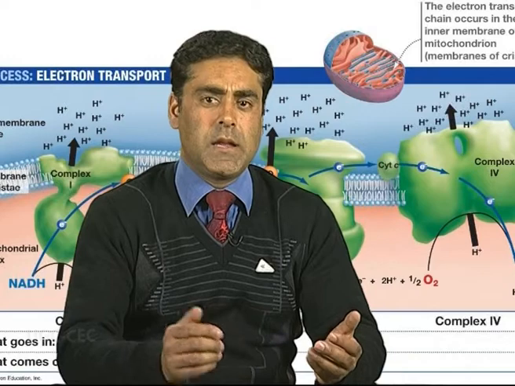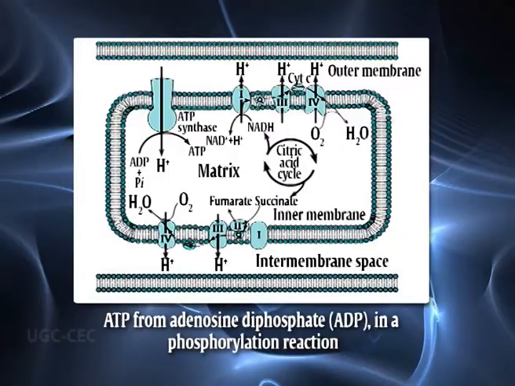This energy is then converted into chemical energy in the form of ATP by the ATP synthase, also located in the inner membrane, which couples ATP synthesis to the flow of protons back into the matrix down their electrochemical gradient.